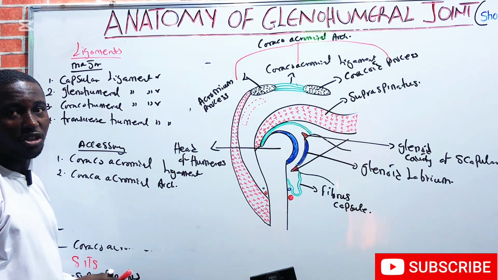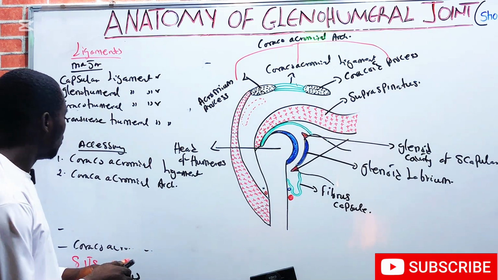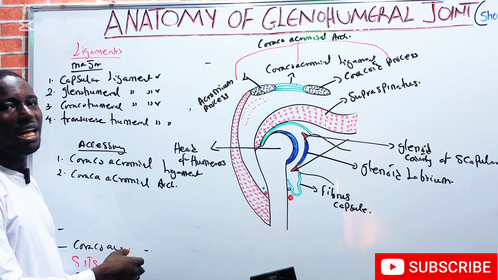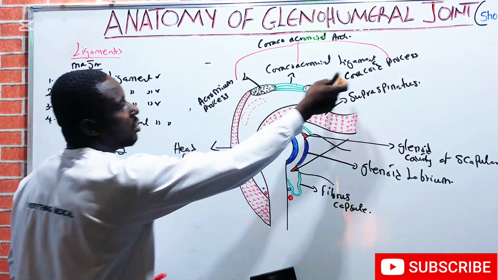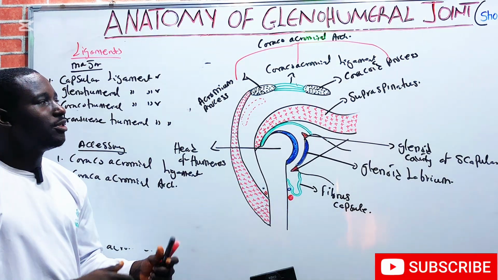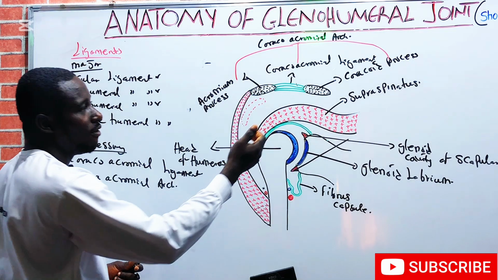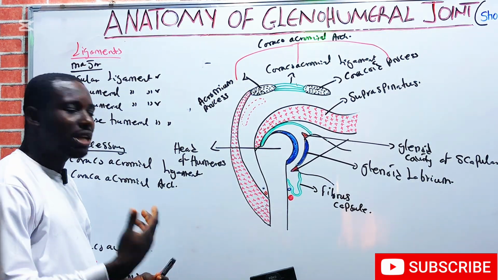That is the major ligaments of the shoulder joint. The next we'll be discussing is the coracoacromial ligament. The coracoacromial ligament, which is one of the accessory ligaments of the shoulder joint, extends between the acromion process and the coracoid process of the scapula. Recall that it forms a protective arch alongside the coracoacromial arch to prevent the superior displacement of the shoulder joint.